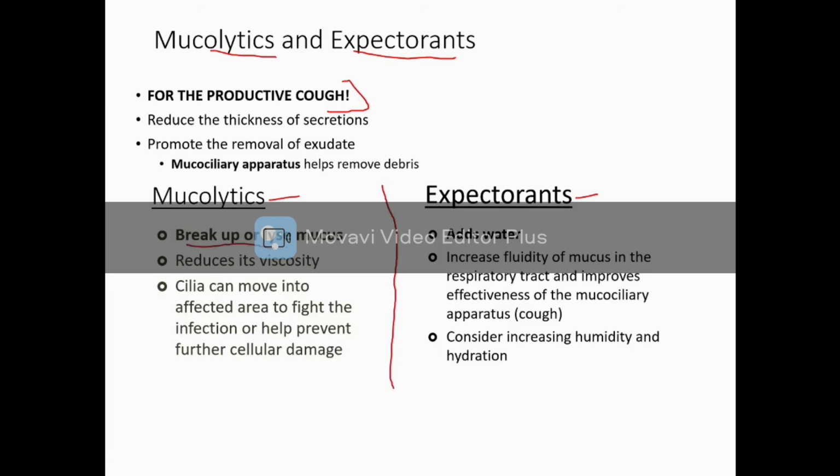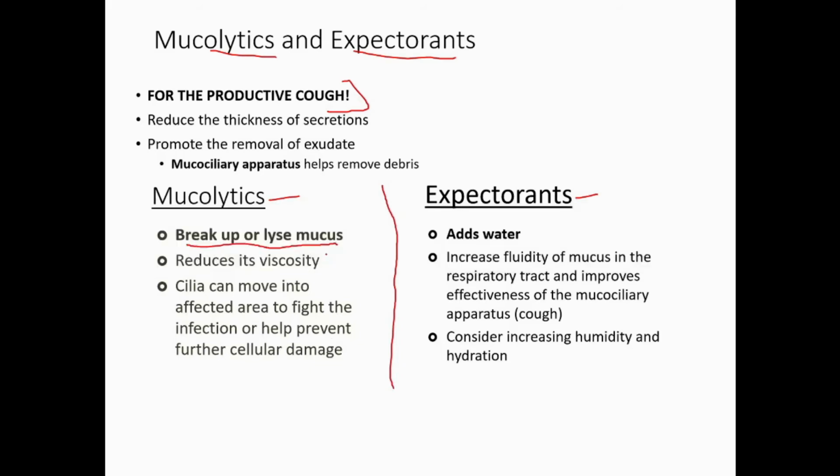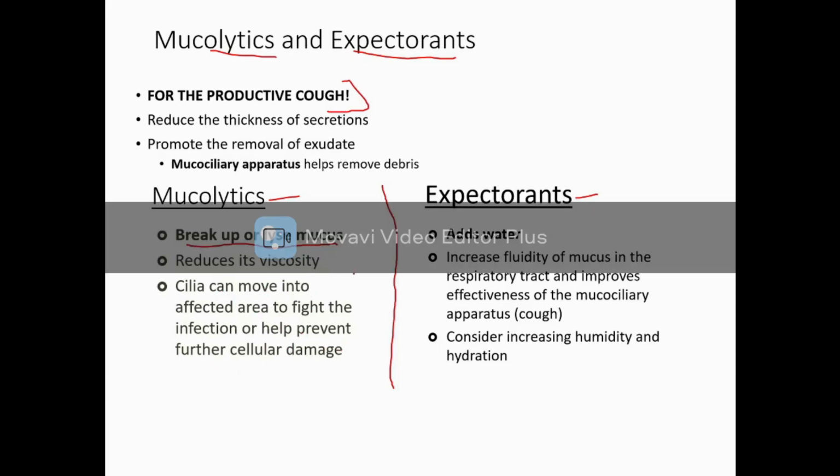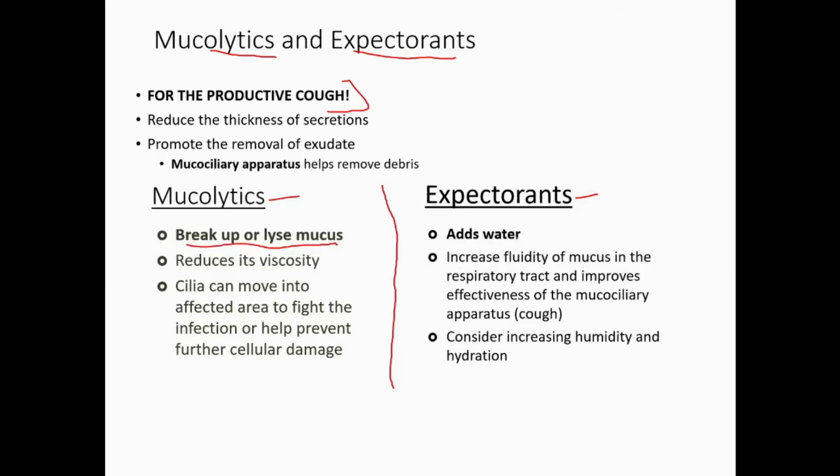Mucolytics break up or lyse the mucus to reduce its viscosity, so it makes it less thick. Then the cilia can move into the affected area to fight the infection or help prevent cellular damage. So if the mucus is too thick, the cilia cannot move. If it is less thick, then the cilia can move and do its work. Expectorants add water.